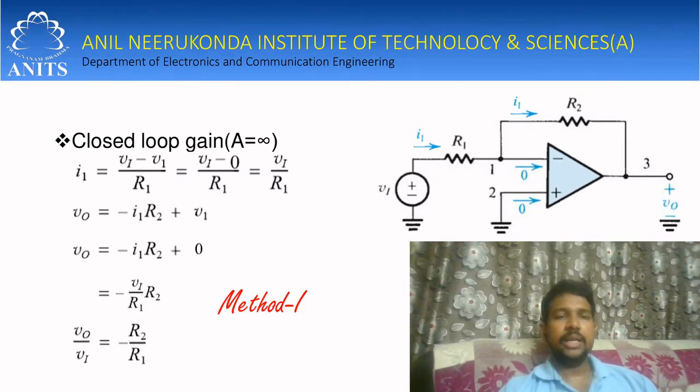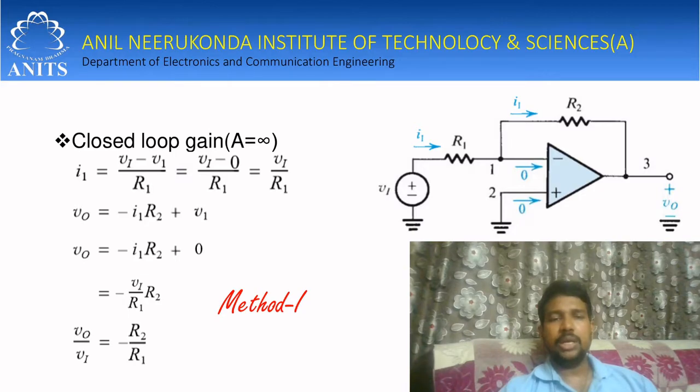Similarly, you can write an equation for the output voltage that is taken from node 3 to ground. When you write an expression for the output voltage, you can write something like this: minus I1 into R2 plus V1, where V1 is 0, from which you can get an equation like V out by Vi is equal to minus R2 by R1.